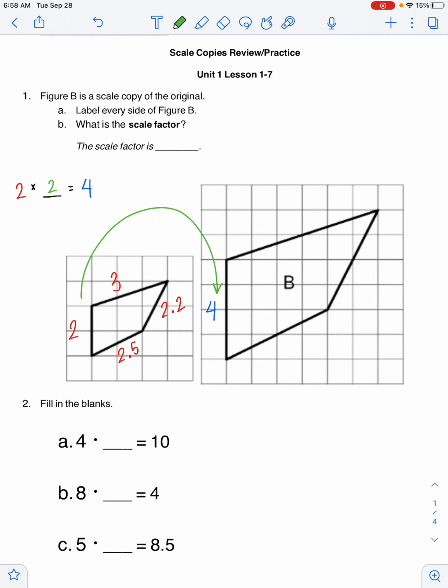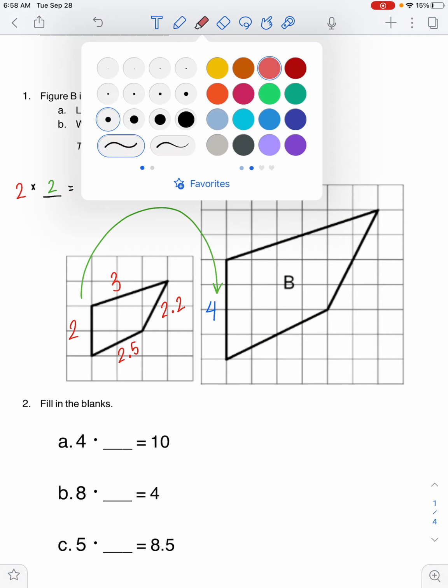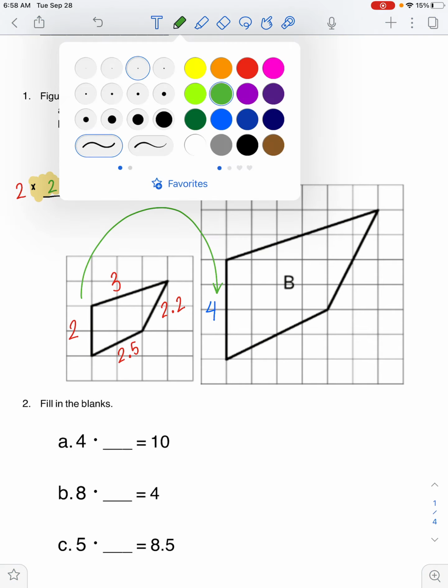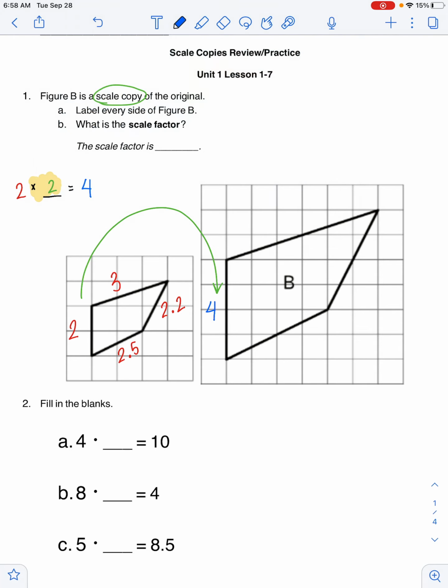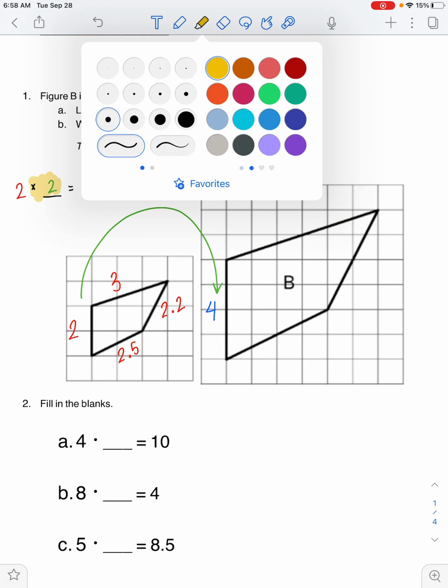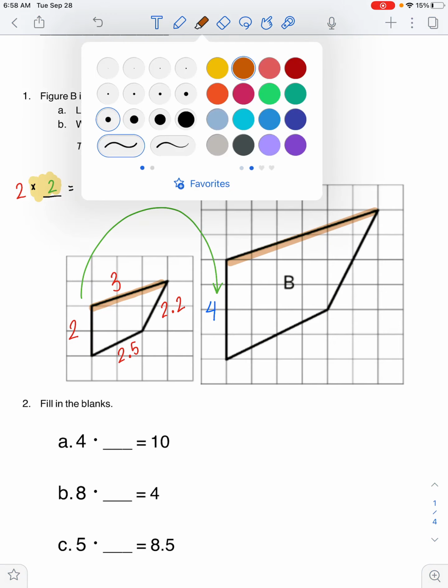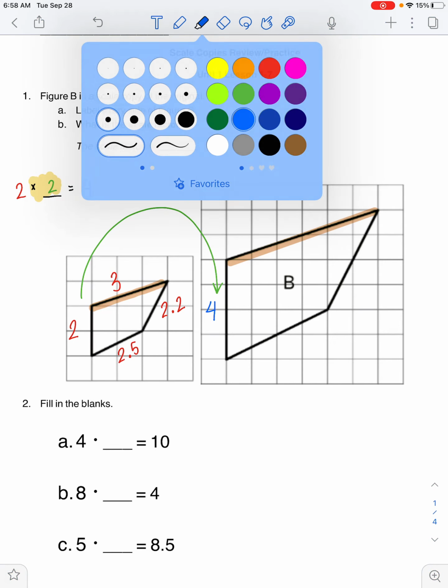And remember that Figure B is a scale copy, which means that every side changes by that scale factor of 2, or every side is doubled. So we know that the side that corresponds with 3 will be double 3. And of course, double 3 is 6.